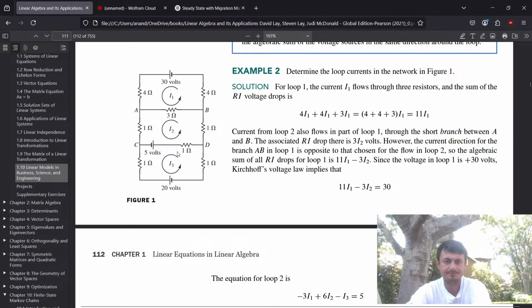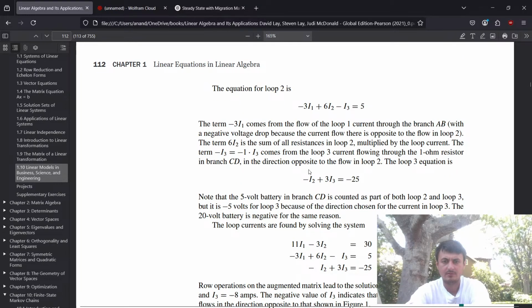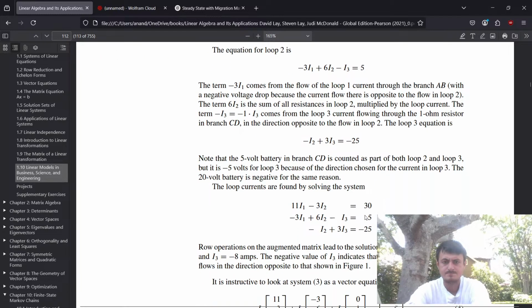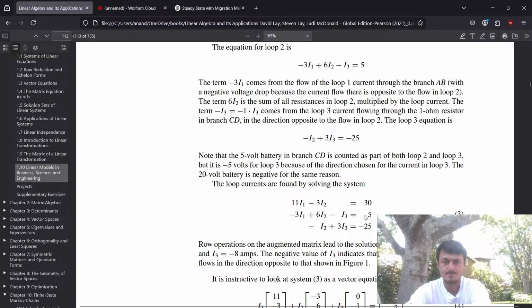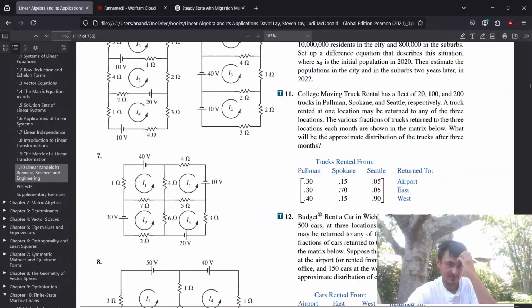Like here, it's going the opposite way. Okay, so you got to be careful with that. But I think that so far we're good.